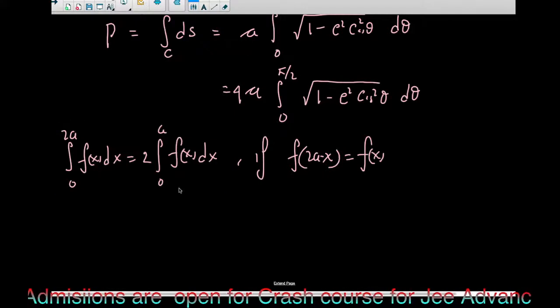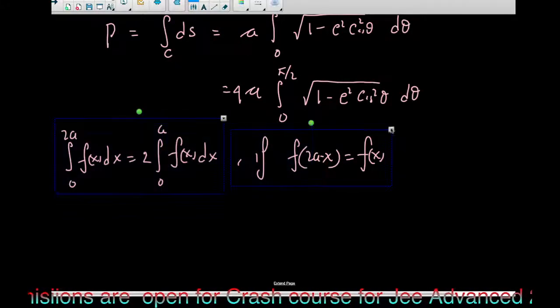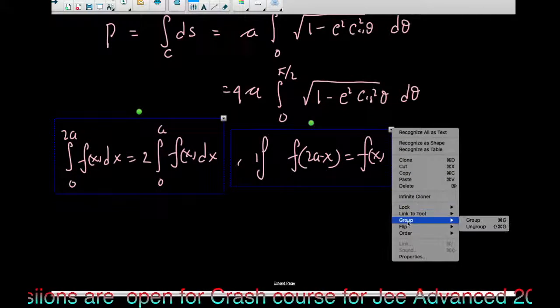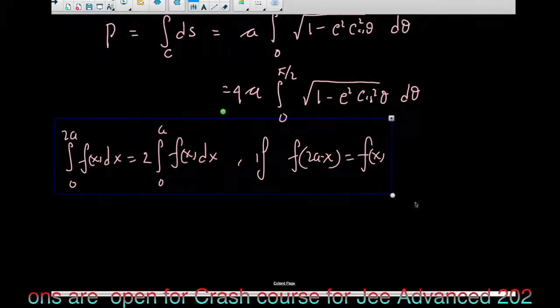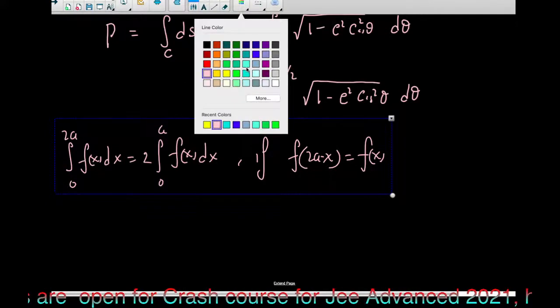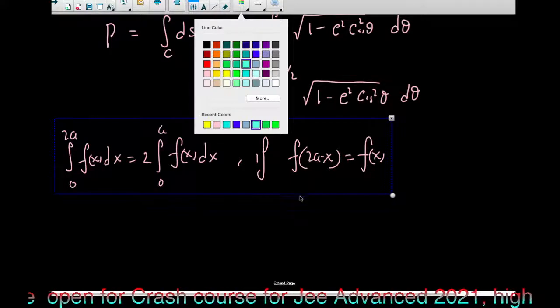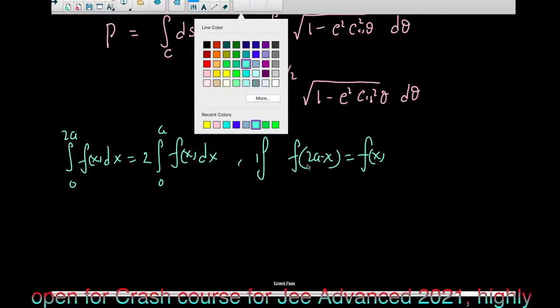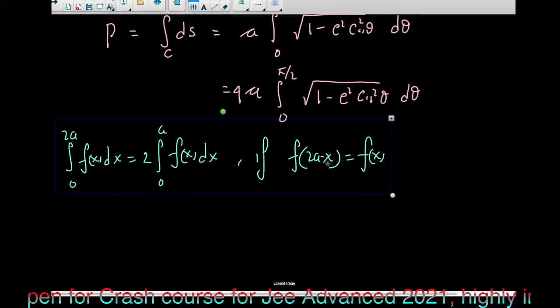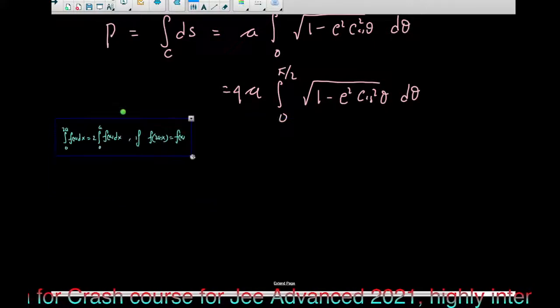You can see over here. I have written this just to recall it. This is the property, and by this property also you can find this integral. I will put it here for reference.